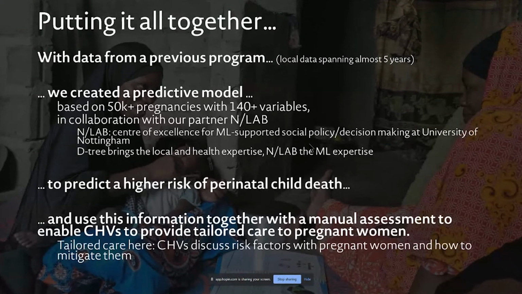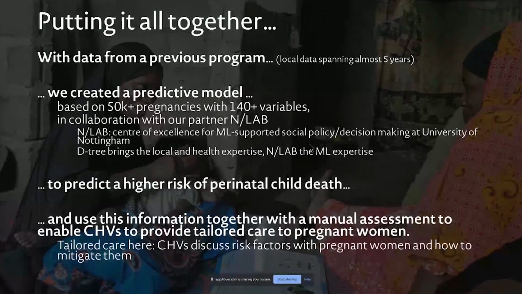And then we try to use the outcomes of this model to provide tailored care. And tailored care here really means taking first steps and being really humble and being aware of all the decisions.